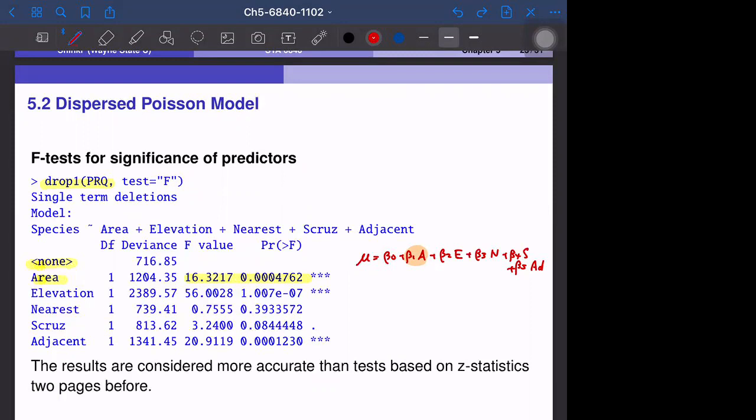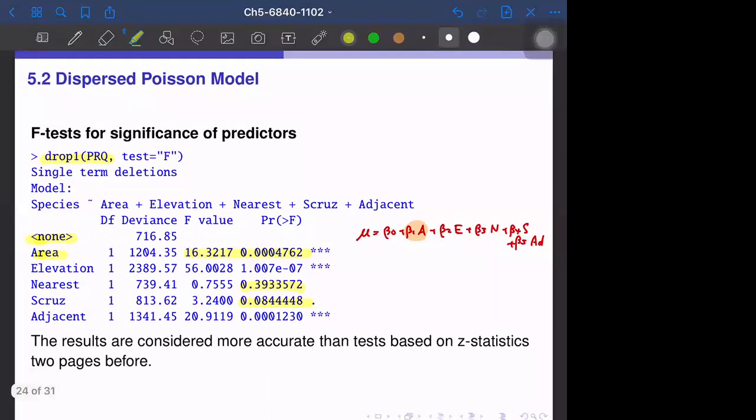But it's considered that the F-test is more accurate. The F-test still relies on an asymptotic distribution, but this is a little more accurate.